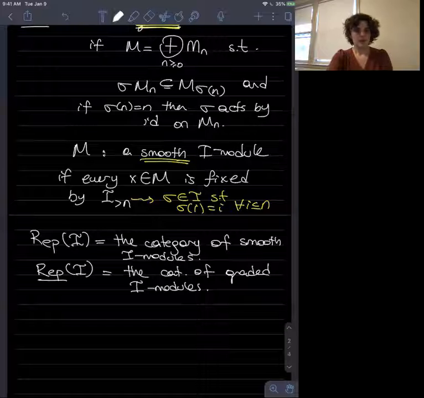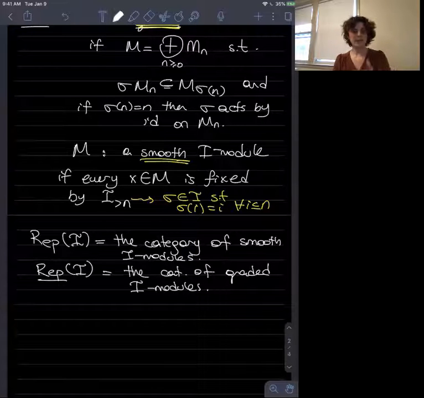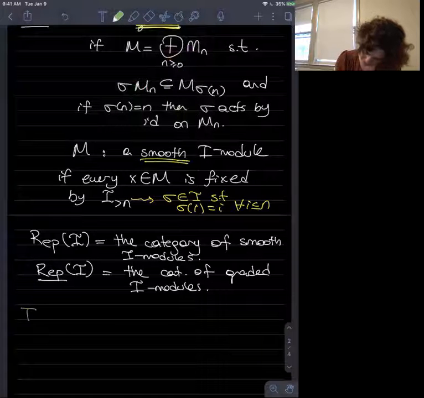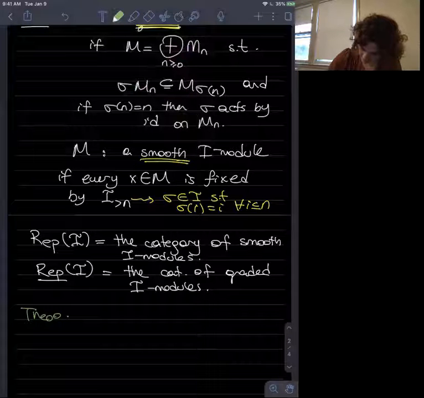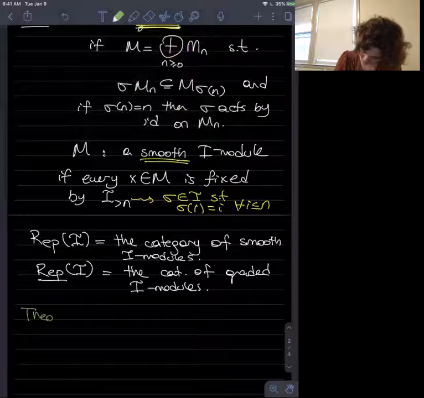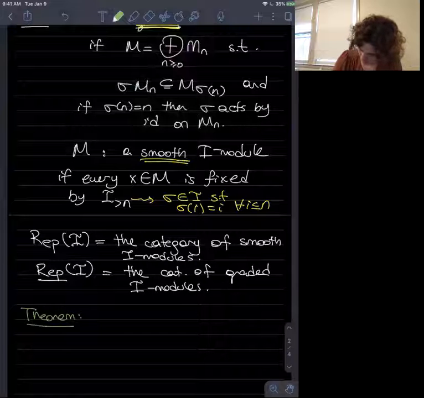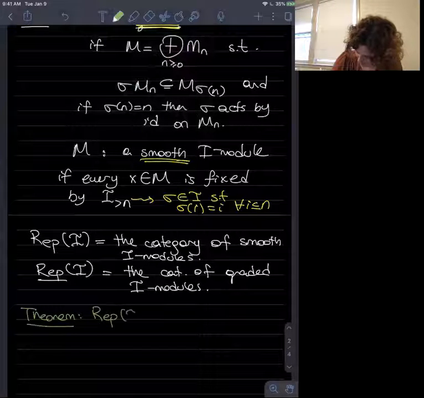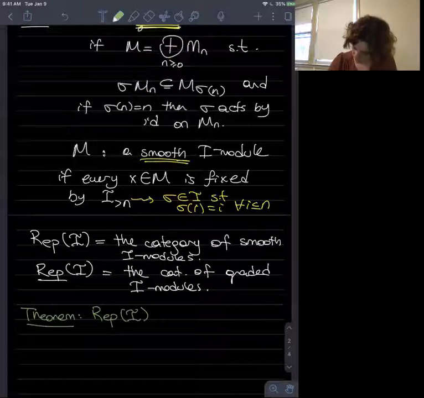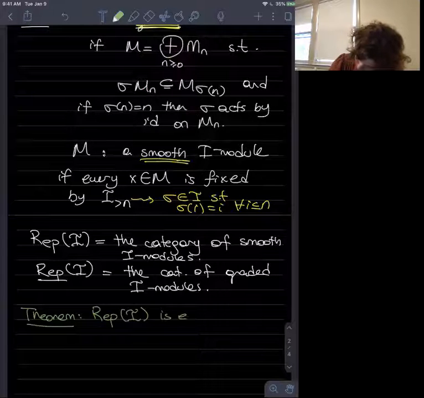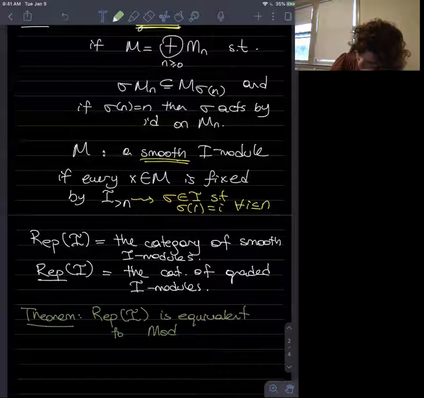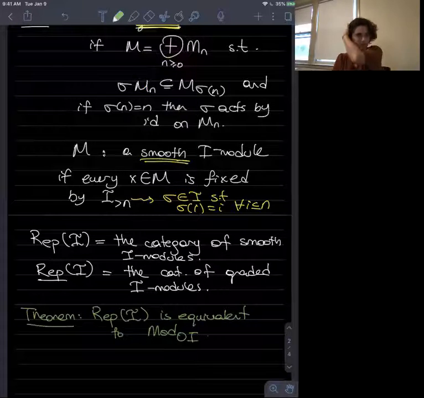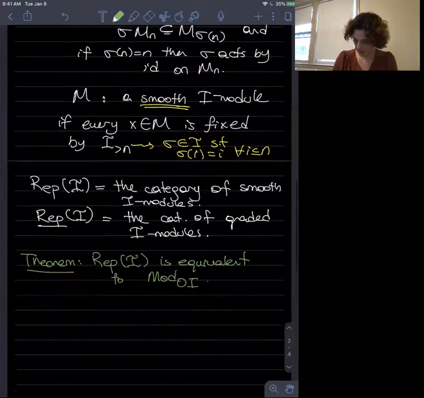Okay. All right, so before getting into a little bit more structure, I just want to state one nice observation, which gives us a little bit more connection with the other categories. We notice that this is equivalent to another category, the category of OI modules.